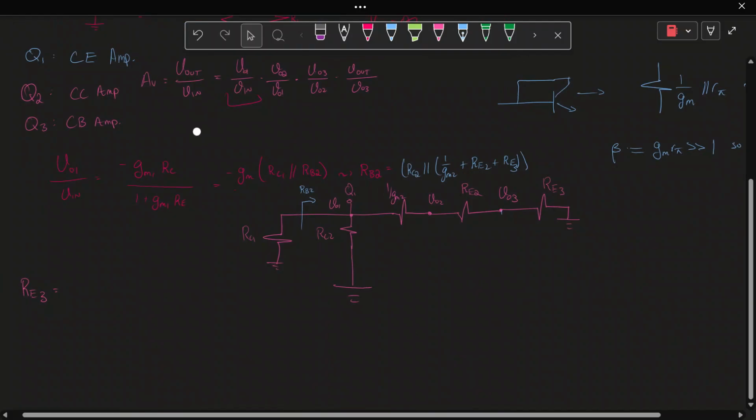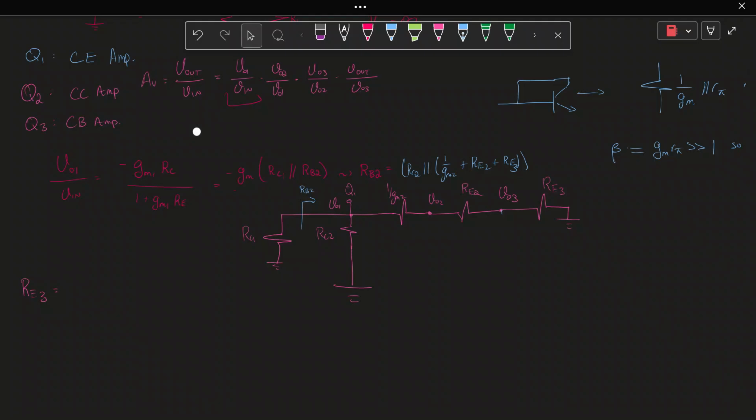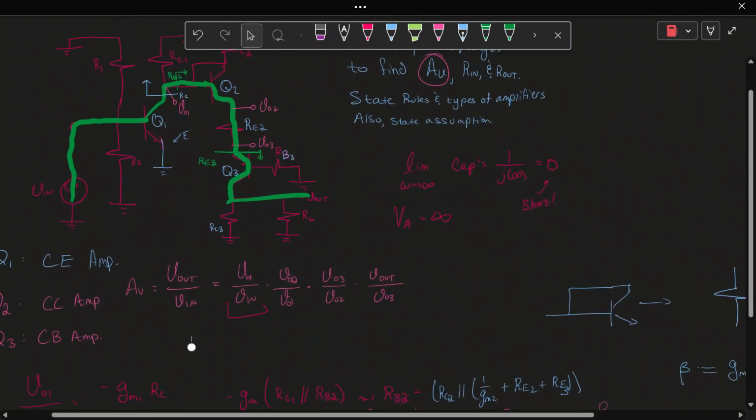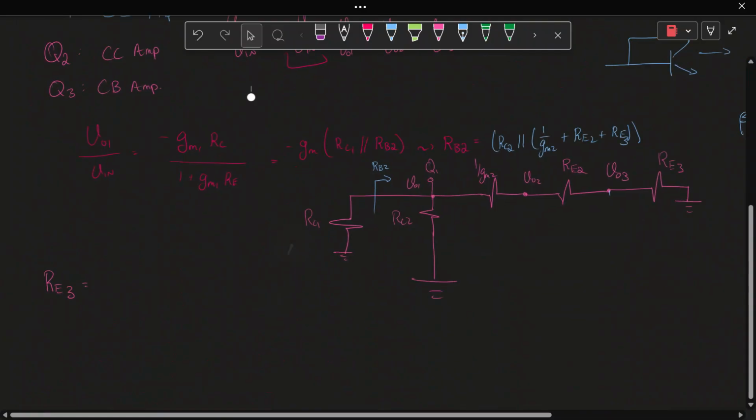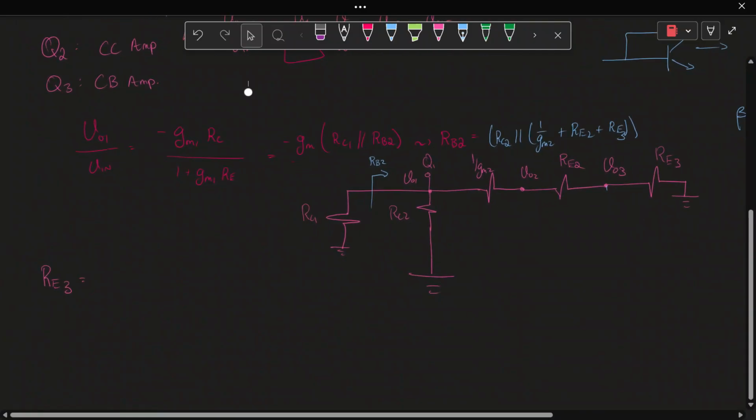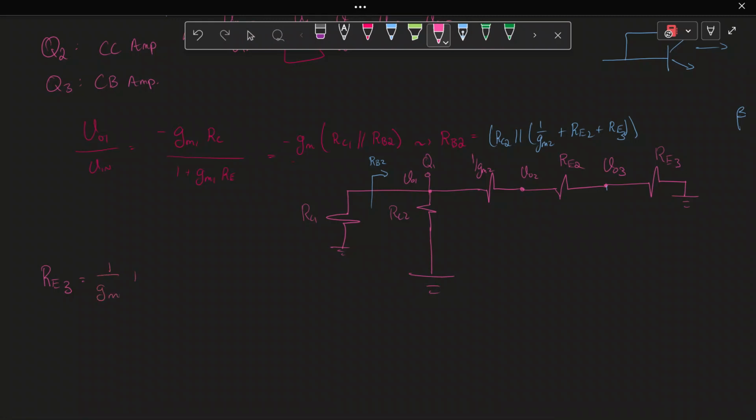So now, looking at your crib sheet or looking at the inspection rules, find the resistance as seen, or looking into the emitter of a transistor. What do we know? Well, looking into the emitter with VA infinity, it becomes 1 over GM plus RB, which is RB3, over 1 plus beta. And I would put this, state your assumptions, assuming beta equal to GM R pi is greater than 1.